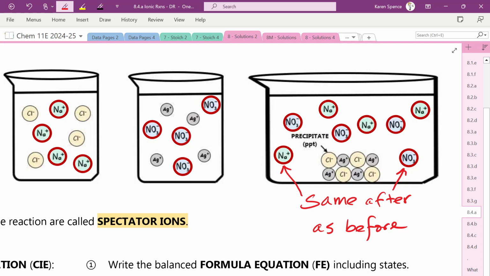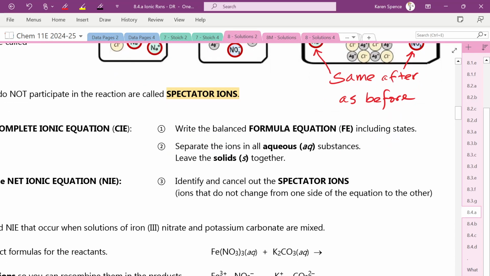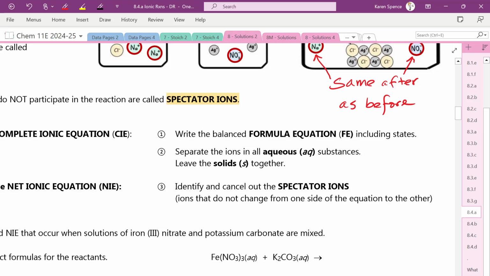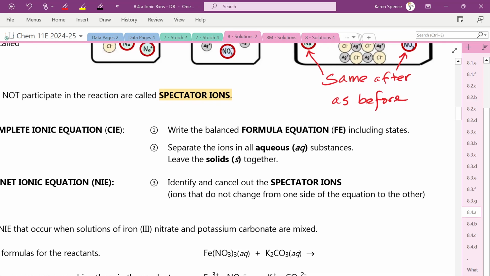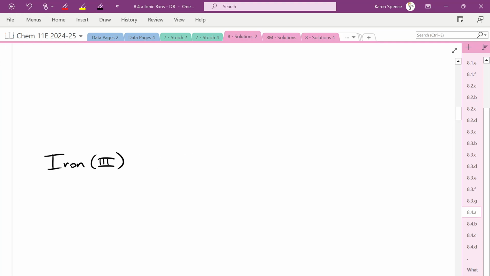So sometimes you will be asked to write the formula equation and the complete ionic equation and identify the spectator ions and write the net ionic equation. So that would be like the whole meal, full meal deal, okay? So we are going to do that for iron 3 nitrate and potassium carbonate. I'm going to do it separately so you can watch the process.